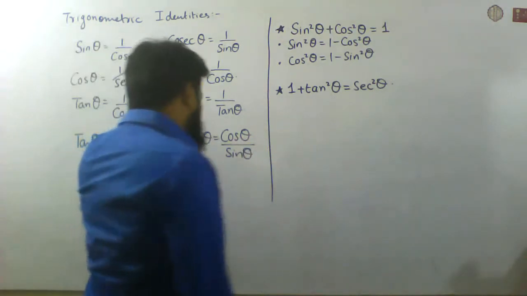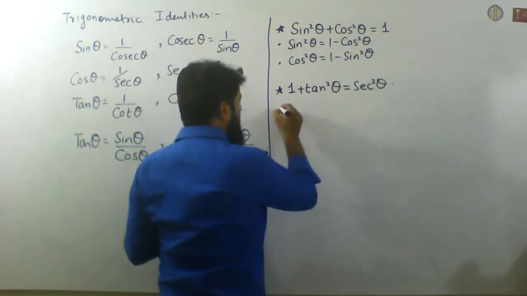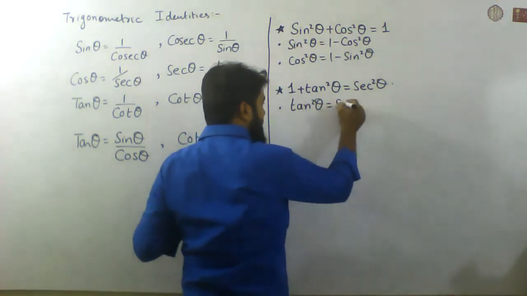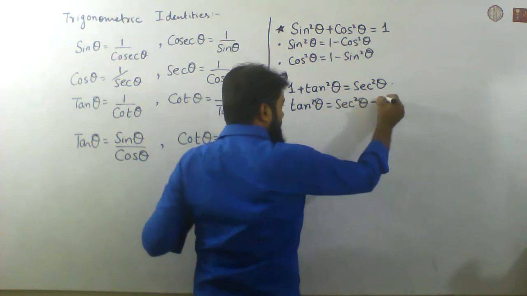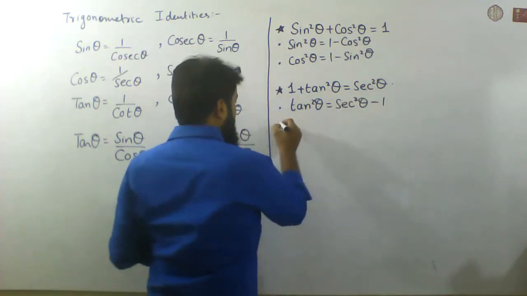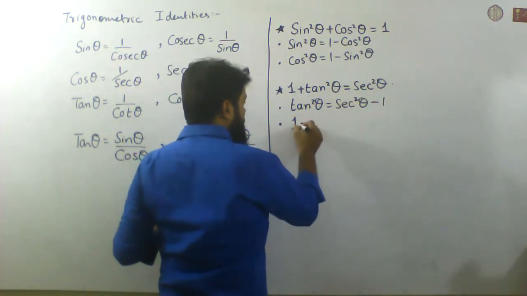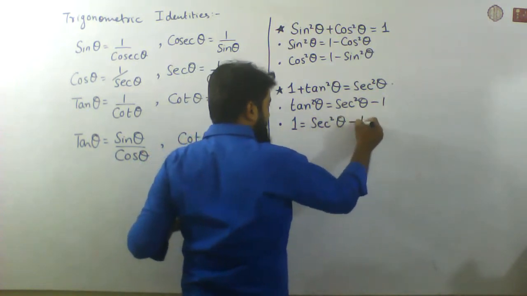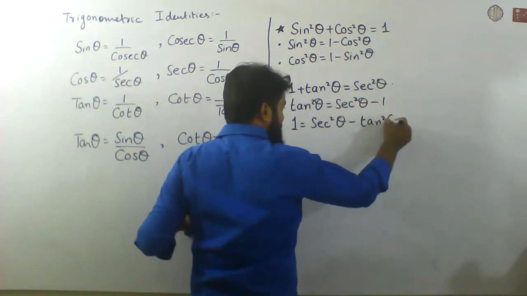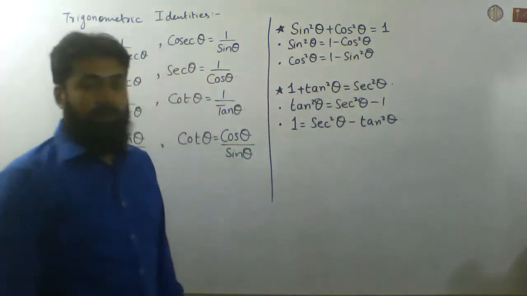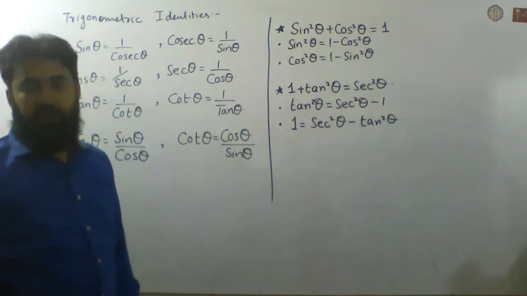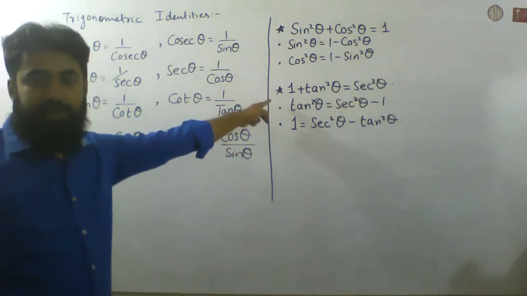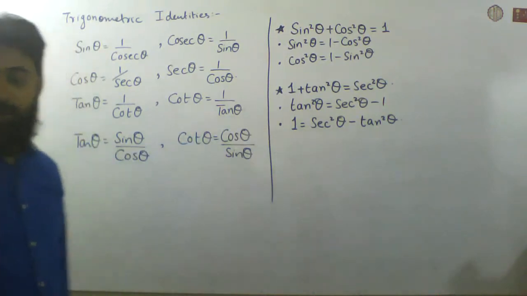You can write it in this form also: tan square theta equals sec square theta minus 1, or 1 equals sec square theta minus tan square theta. This is the second squaring identity, and these two are its variations.